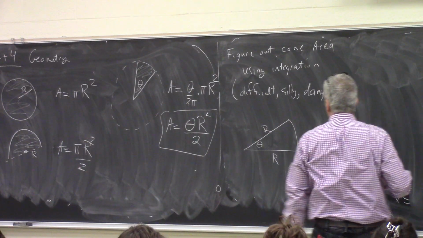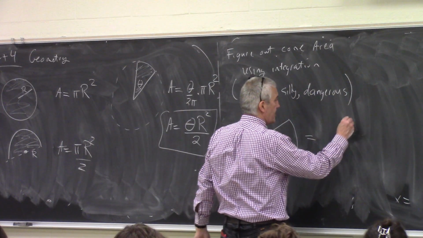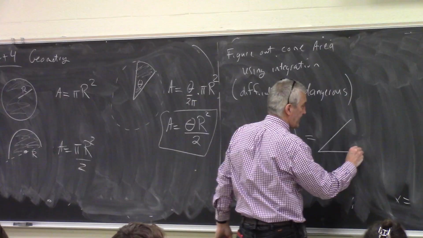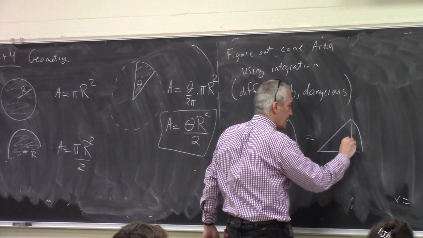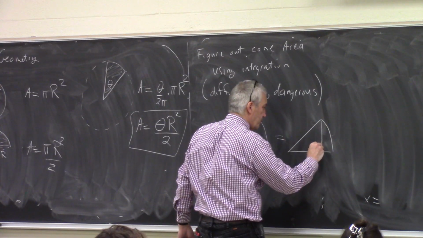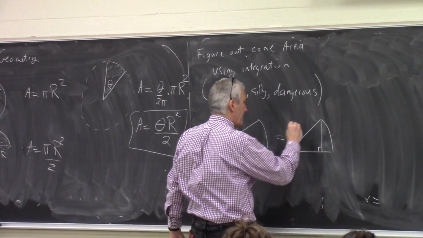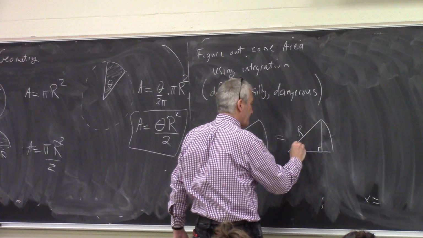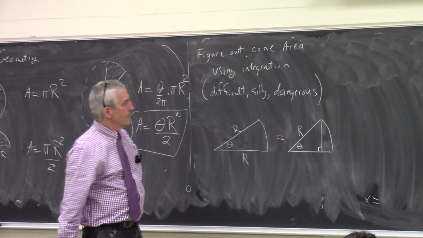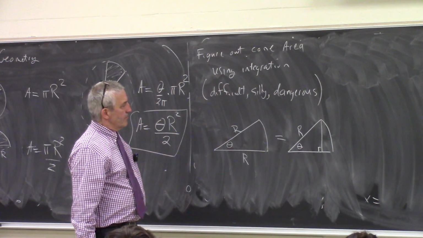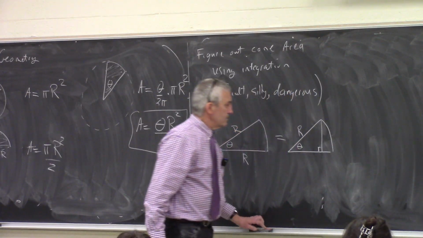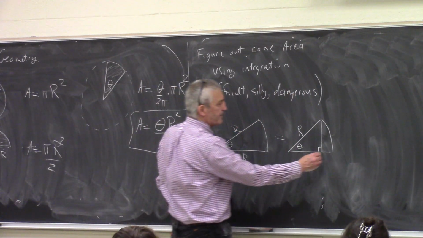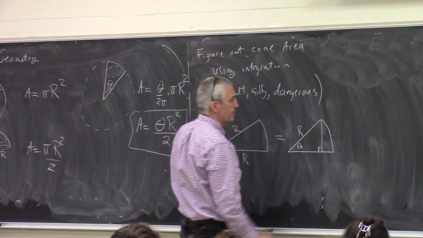And we can think about this. I'm going to just draw the exact same thing again. We can think about this as two things. One is a triangle, and then the other is this little bit of a shape here.